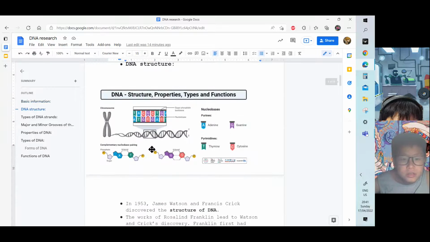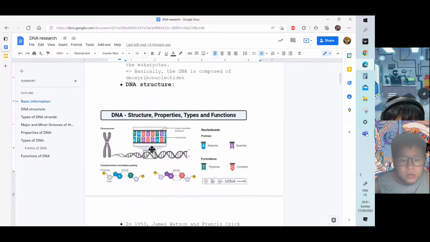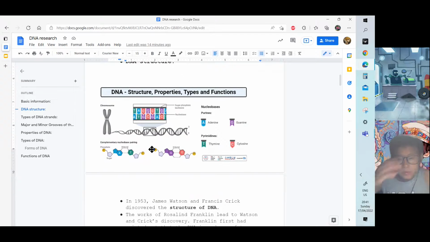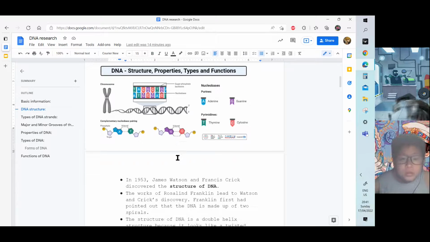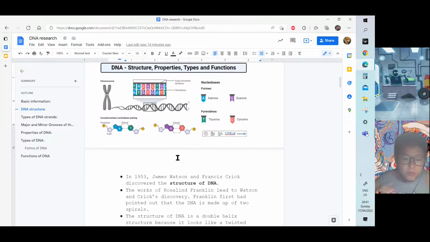A short history of DNA. In 1953, James Watson and Francis Crick discovered the structure of DNA. The work of Rosalind Franklin led to Watson and Crick's discovery. Franklin first pointed out that DNA is made up of two spirals.